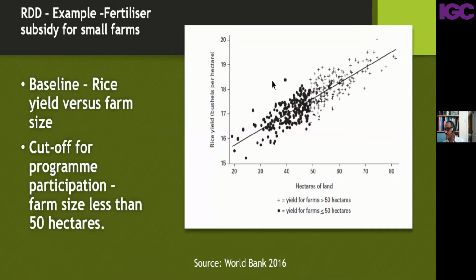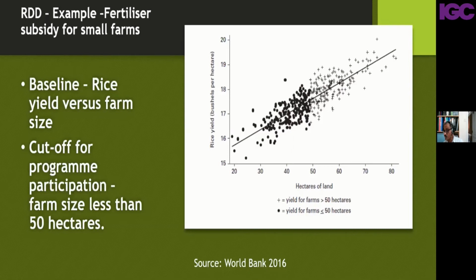Now, in this example, which I have taken from the World Bank manual, you have a relationship between the land size holding, hectares of land, and the rice yield in kilograms or bushels per hectare. And so this regression line shows you the relationship between land size holding and rice yield.